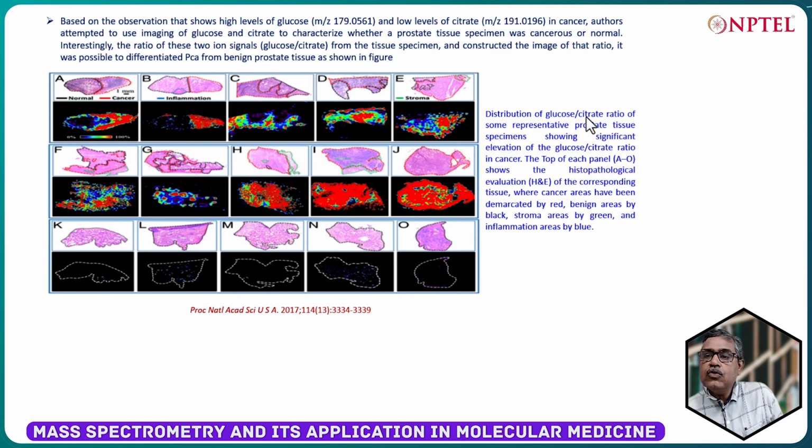So, this shows the distribution of the glucose over citrate ratio of some representative prostate tissue specimens, showing significant elevation of the glucose over citrate ratio in cancer.